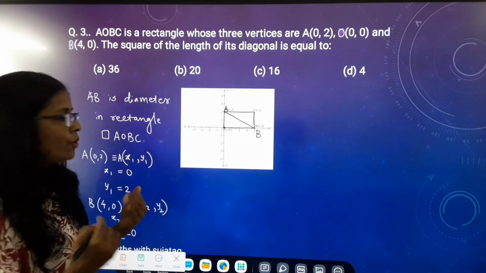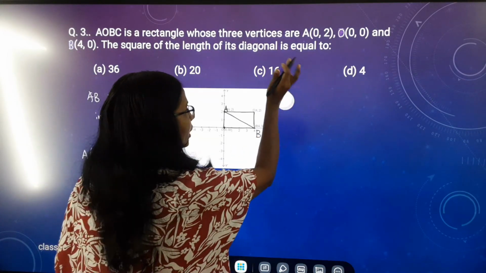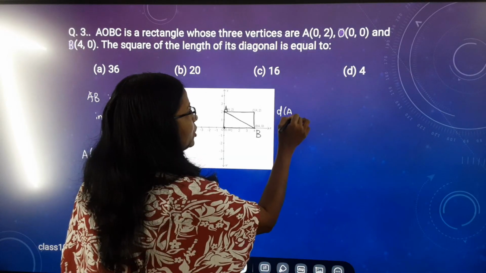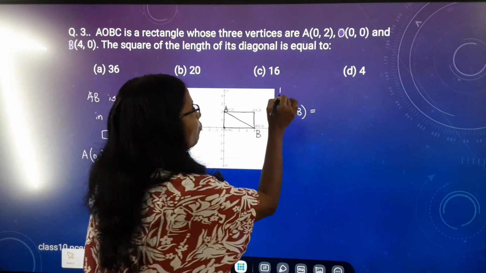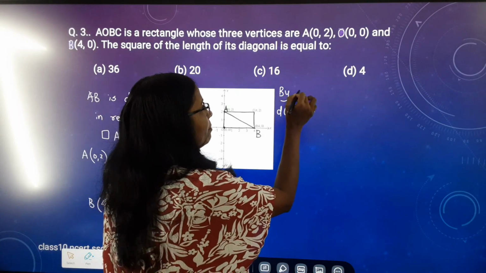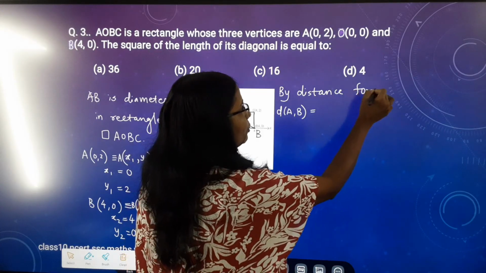Now we have to find the length of AB, sorry, the distance AB. Distance AB means we use the distance formula.